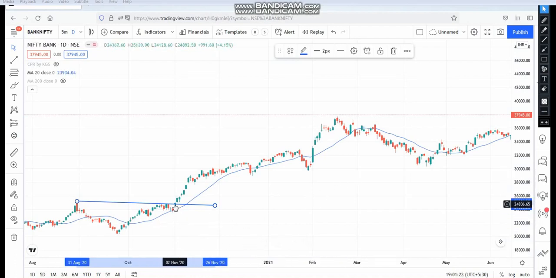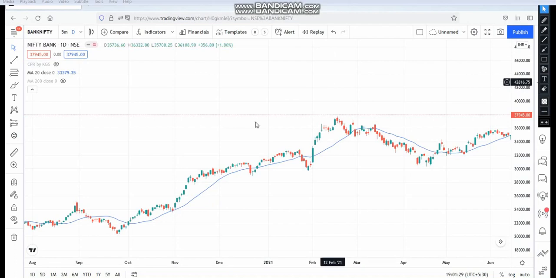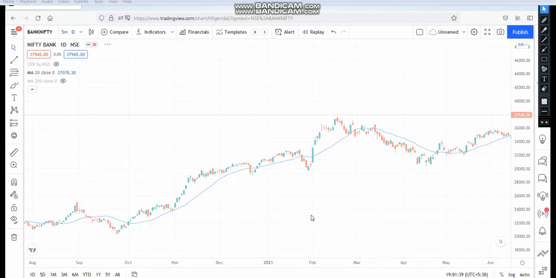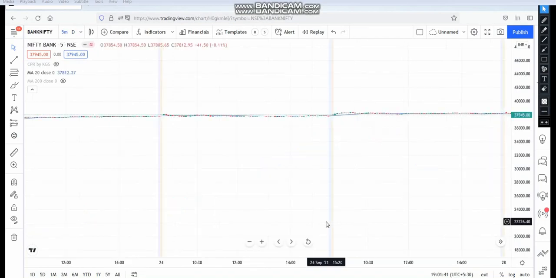And in Bank Nifty itself I am going to keep intraday, which means a 5 minutes chart. 5 minutes candlestick. A trend line we can draw in 5 minutes, 1 hour or even 1 day. There is no issue on that. Sorry, one second.